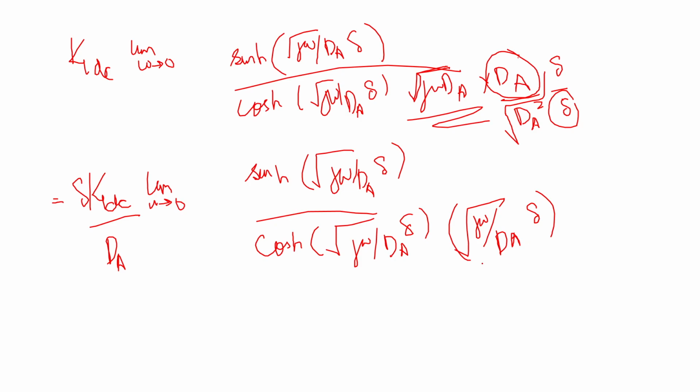Now I'm just representing this as x. If omega tends to 0, that means if this entire term is x, then x also tends to 0, right? Because x is nothing but root of j omega by dA into del. So if omega tends to 0, this entire term will also tend to 0. So I'm just rewriting the limit.